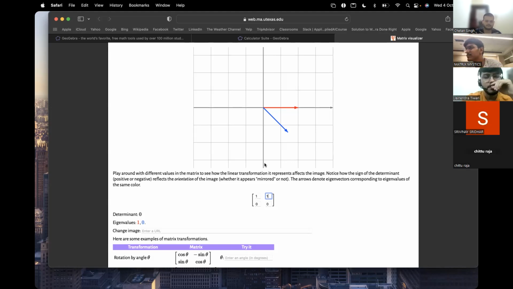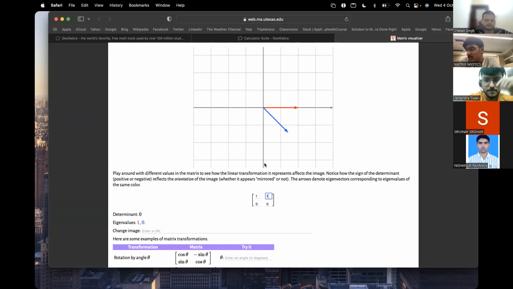I think the direction would be (1, 0). Every point won't go to (1, 0), but the direction would be in that direction only, because we can scale it up and down, whatever our XY column will be. Taking an example makes it all easier, right? If you take a point (2, 0), (2, 0) is not going to (1, 0).